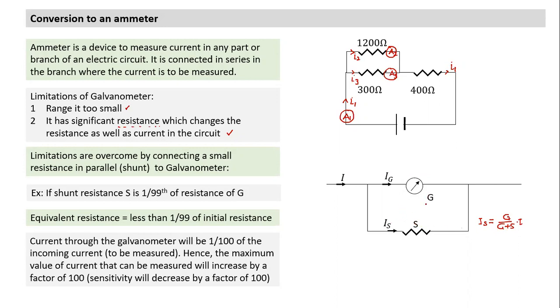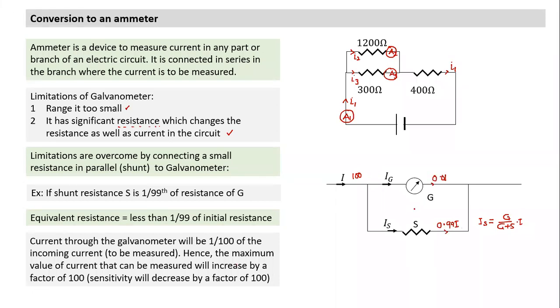So if the resistance ratio is 1:99, the current also will split in the ratio 1:99. If the current is 100 units here, 99 units of current will pass through the shunt, and 1 unit will pass through the galvanometer. Or, another way of saying it, if the current is I, 0.99 I will pass through the shunt and 0.01 I will pass through the galvanometer.